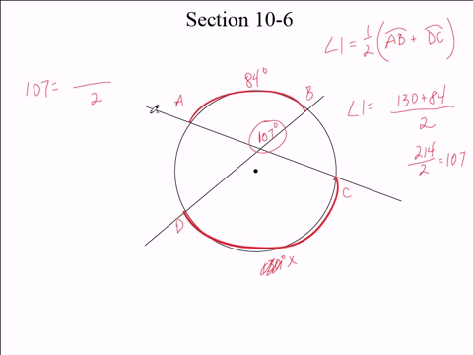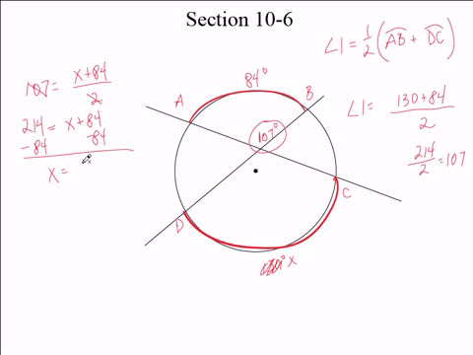So let's do it like that. So this angle is equal to the sum of these divided by 2. So what is it? X plus 84. Now you can do a little bit of algebra, can't you? Get rid of the 2. Now you know what it's going to come out to be, but I'm just showing you. And that's X plus 84. All right, subtract 84 from both sides. And look what you get.